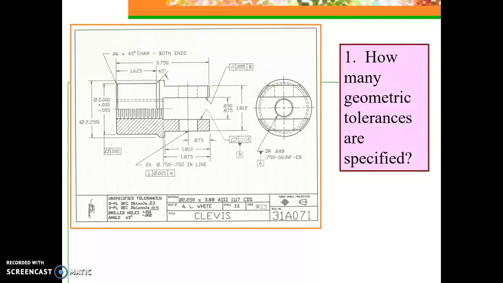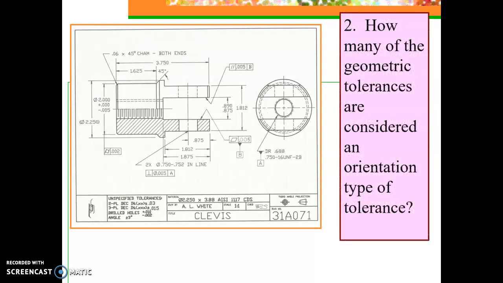So the first question here is, how many geometric tolerances are specified? Looks like 1, 2, 3, 4. I count 4 geometric tolerances. How many of these tolerances are considered of the orientation type?